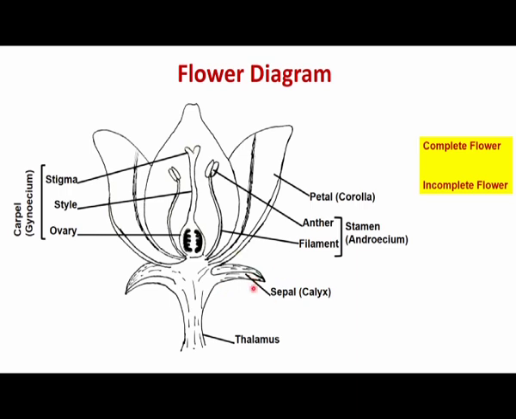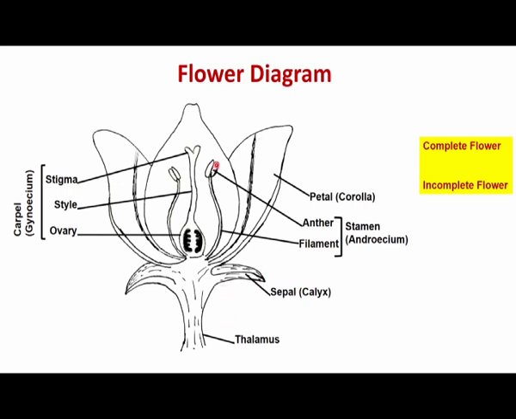As I discussed before, the main function of the calyx is to protect the inner part of the plant, especially when it is present in the form of buds, from the loss of water.